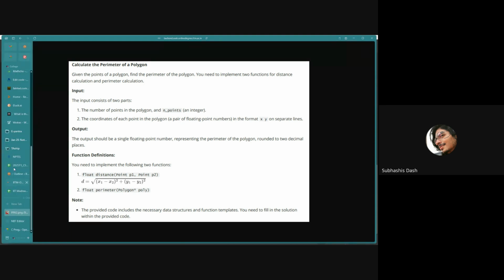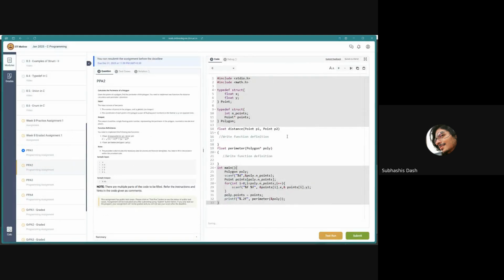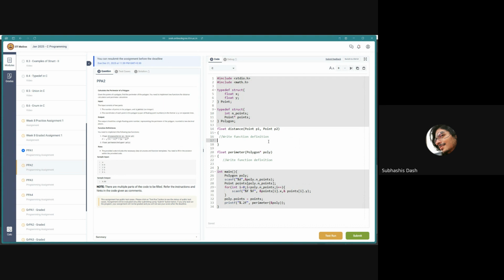So distance as well as perimeter. Let's first tackle distance since that is the easier one. You all know the formula for distance given two points, and it is also mentioned in the question.